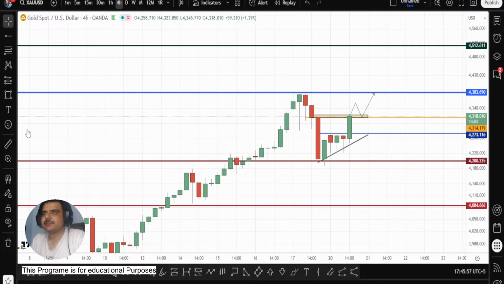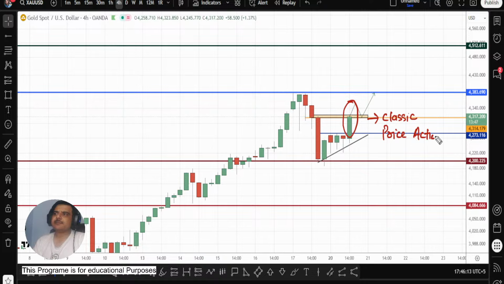As far as this candle is open, and this is a very classic price action, I should say. This is a classic price action example. As far as we don't have any close above this level, we cannot say it is coming back down or it is coming back up. This is a rule of thumb, right?